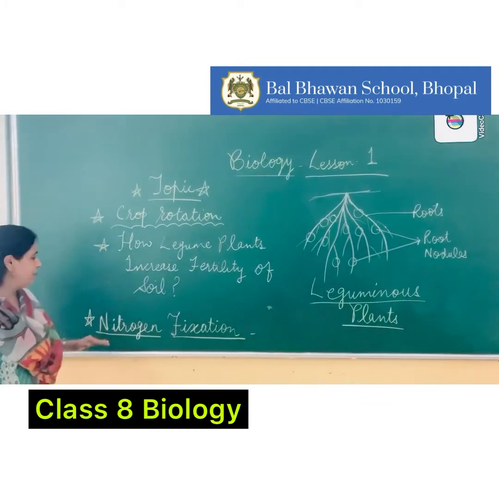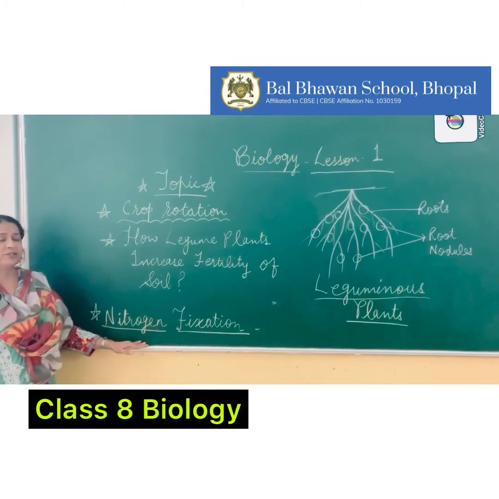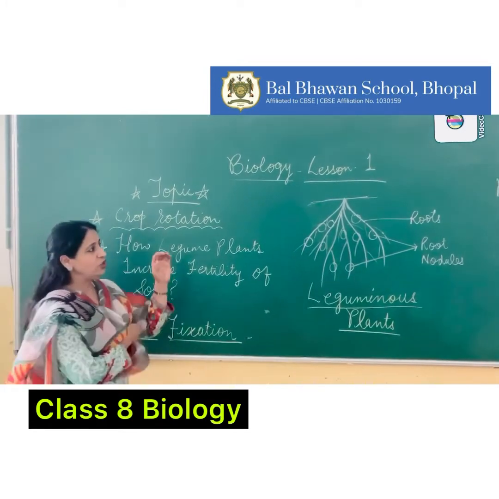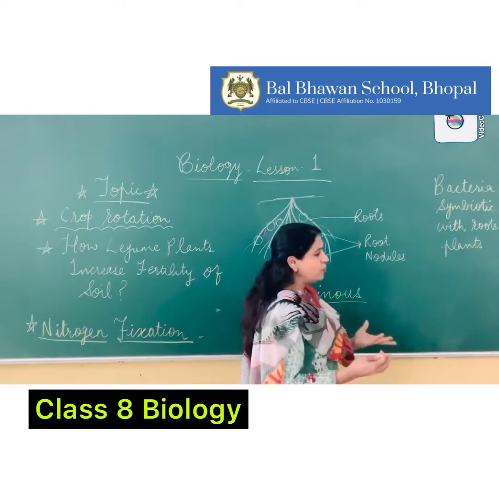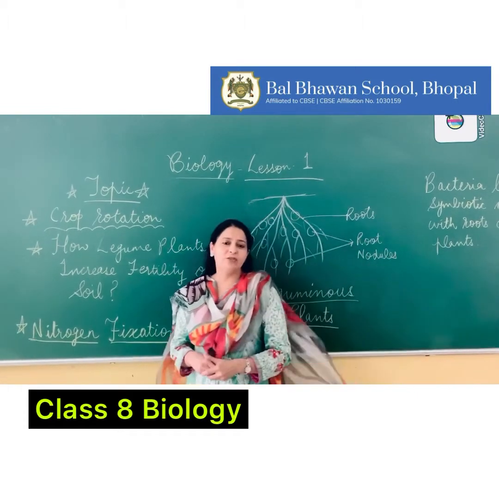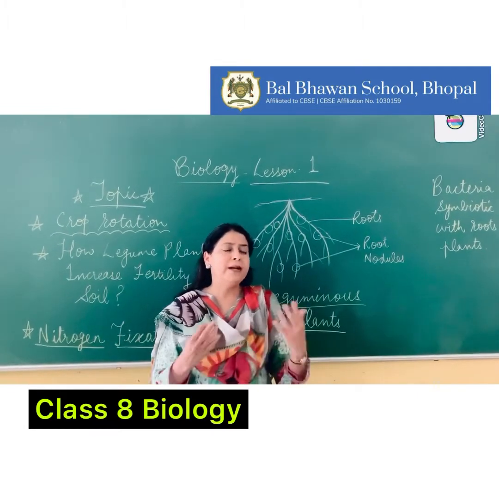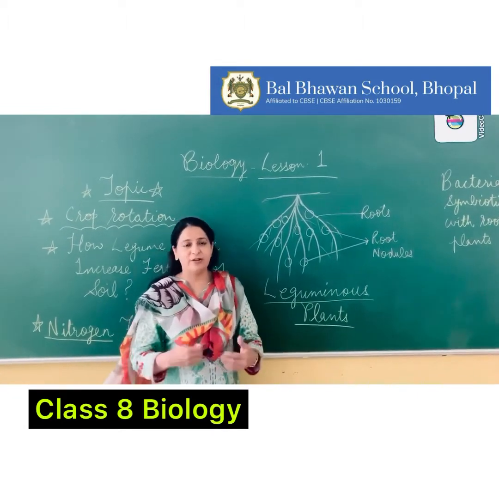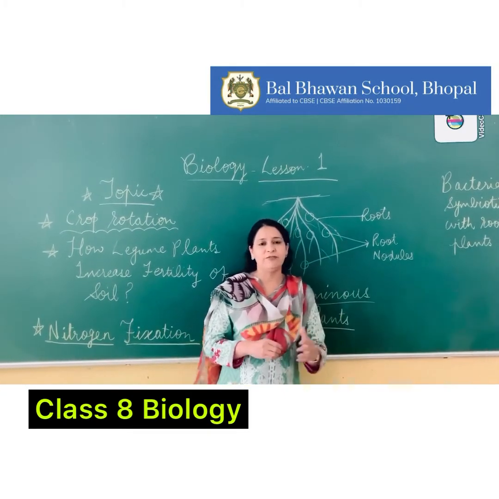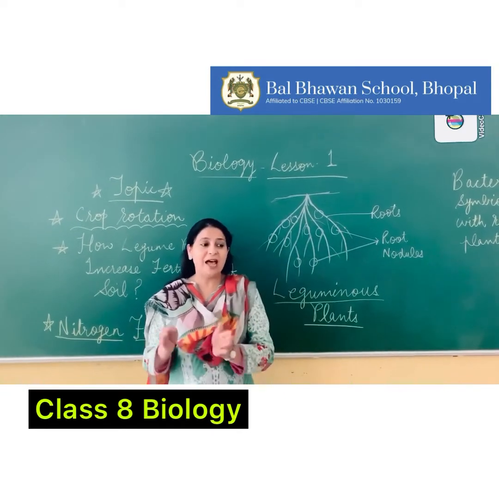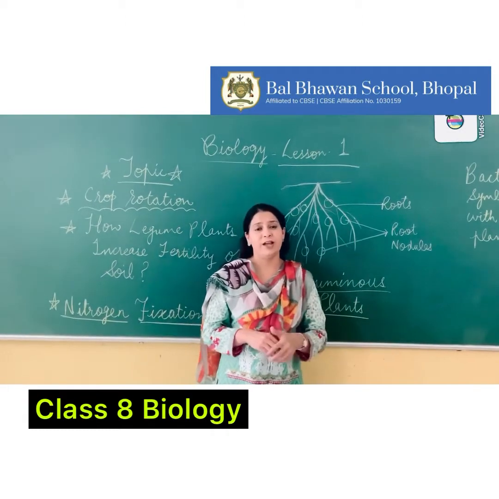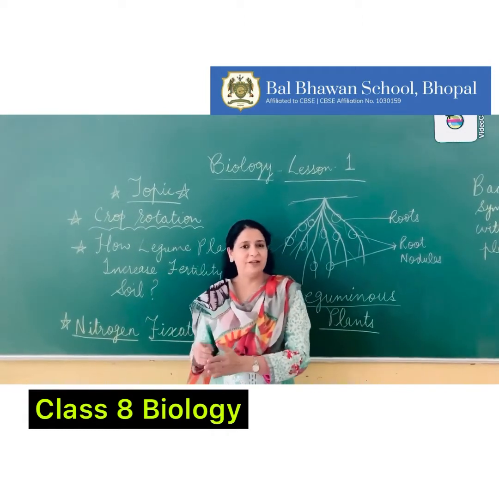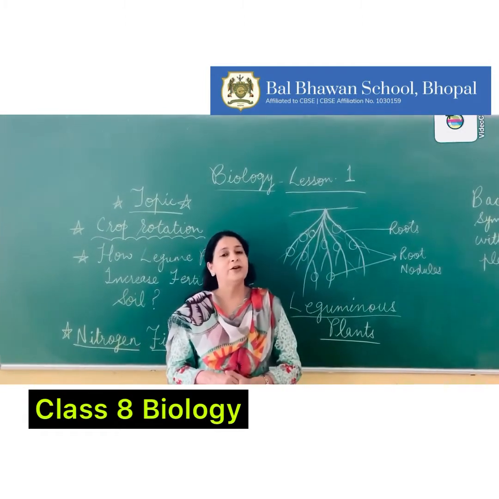And this is done with the help of a process that is called nitrogen fixation. What is nitrogen fixation? As you all know, a large amount of nitrogen is present in the atmosphere. But plants are not able to take that nitrogen directly in its elemental form. So this nitrogen has to be converted into compounds of nitrogen, nitrites and nitrates, before being absorbed by the roots of the plant.